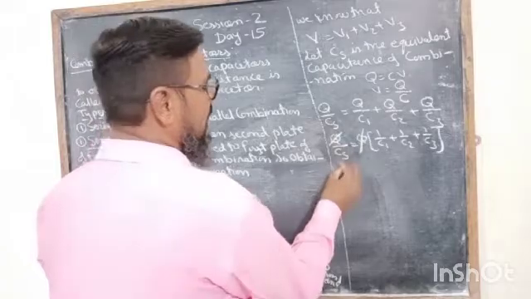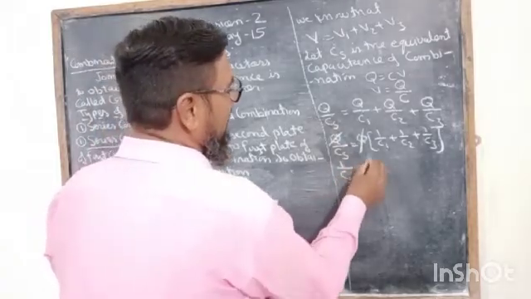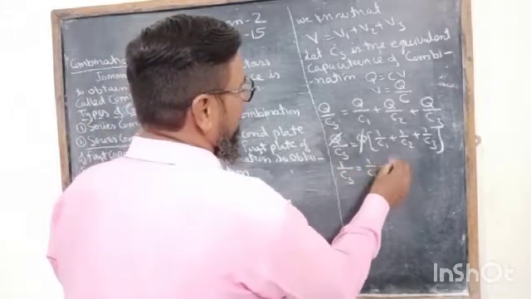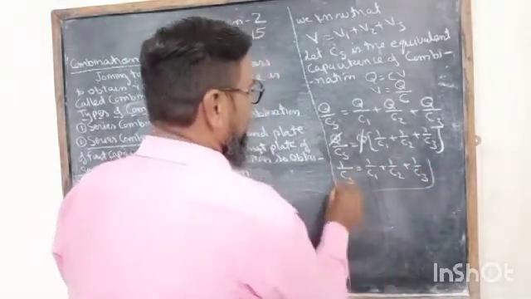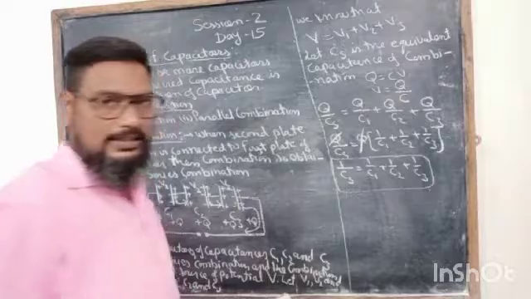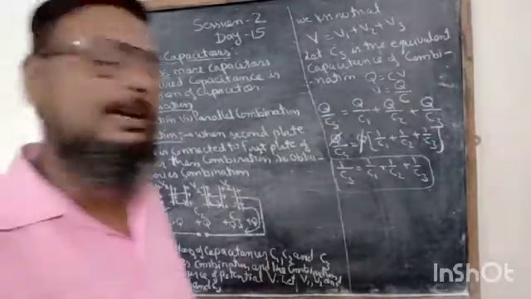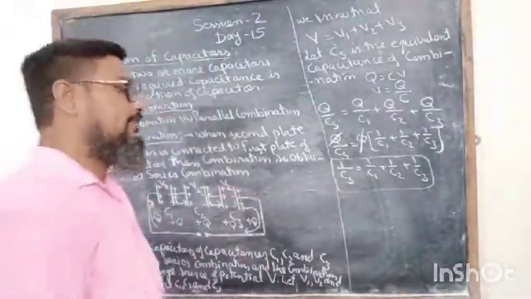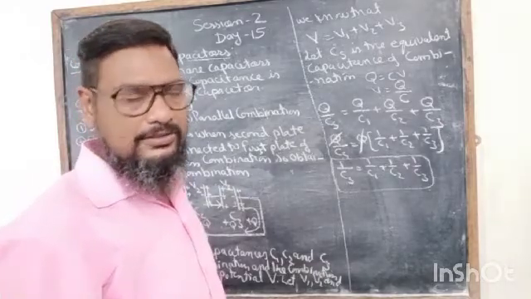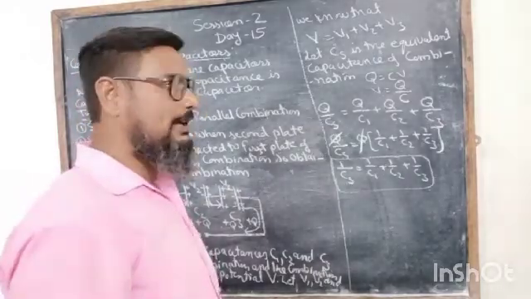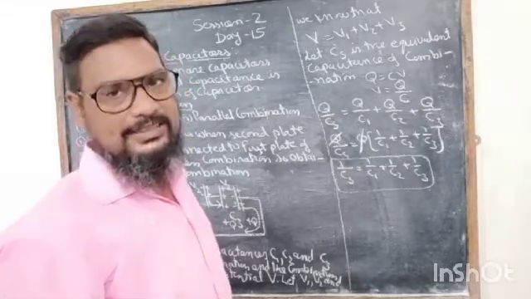Q and Q cancel out. 1 upon Cs is equal to 1 upon C1 plus 1 upon C2 plus 1 upon C3. This means the reciprocal of the equivalent capacitance is equal to the sum of the reciprocals of the individual capacitances of the capacitors connected in series.